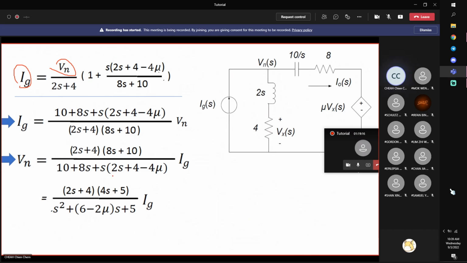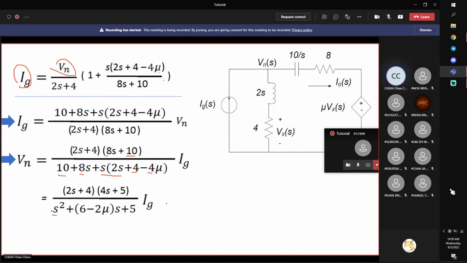And lastly, I just group all the corresponding terms together, and then normalize it if you can. For example, here, all the coefficients are even, which means that you can divide by 2 to further simplify it, and this will become s squared, and group all the s terms together. Group all the constant terms together, and for s squared there's only 1.